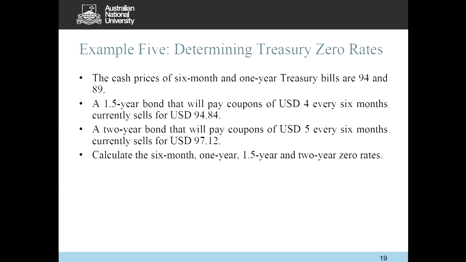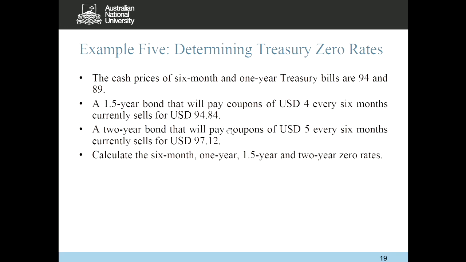All right, so let's get to the last example. The last question says the cash prices for a 6-month and a 1-year treasury bill are 94 and 89, respectively. And a 1.5-year bond that will pay a coupon of 4 million every 6 months is currently selling for 94.84.